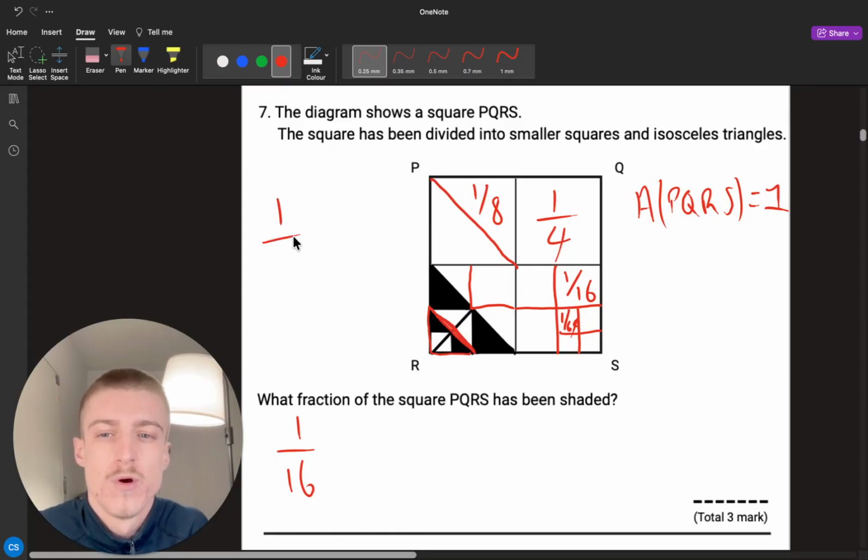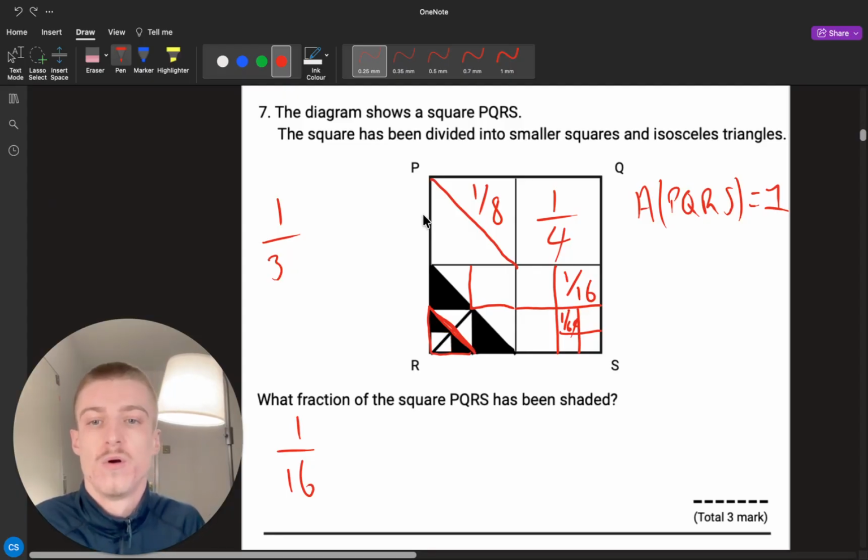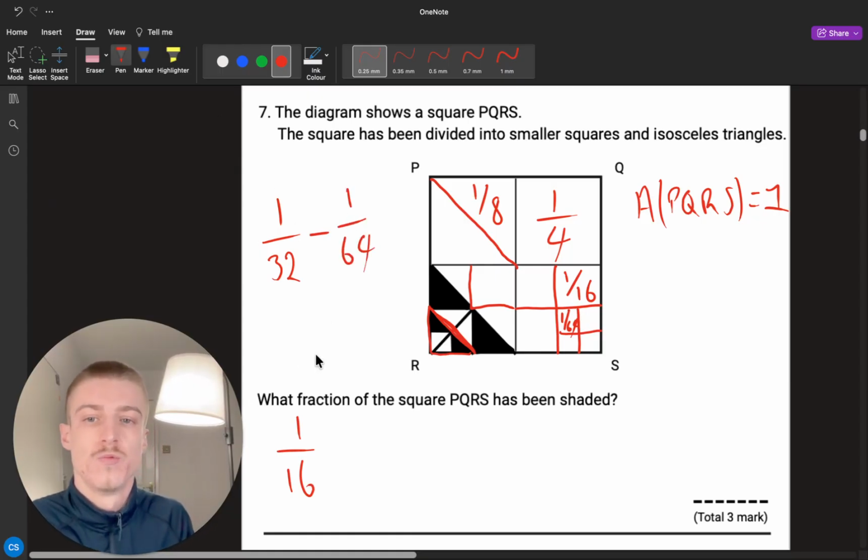So if we write 1/32, which is half of a 16th, but there's a box clearly not shaded here, but we've previously worked out that that's going to be 1/64. So we've got 1/32, but we're not interested in 1/64 of it. So 1/32 minus 1/64 is going to be 2/64 minus 1/64, giving us 1/64.